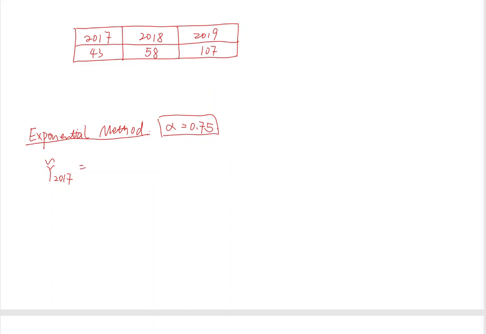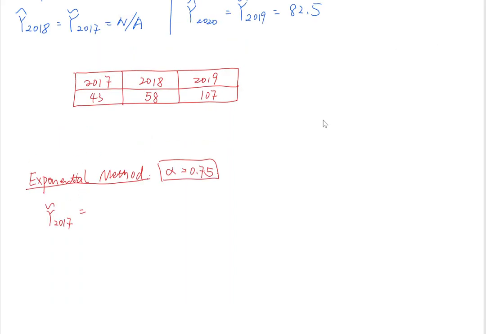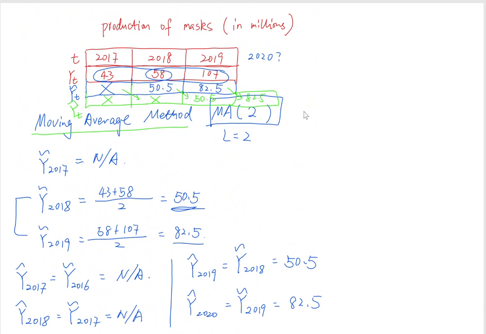Alright, so do we have the value for the estimated value of 2017? The answer is yes, since that is the biggest difference between the exponential method and the simple moving average method. For the simple moving average method, if L equals 2, that means you don't have the first one.